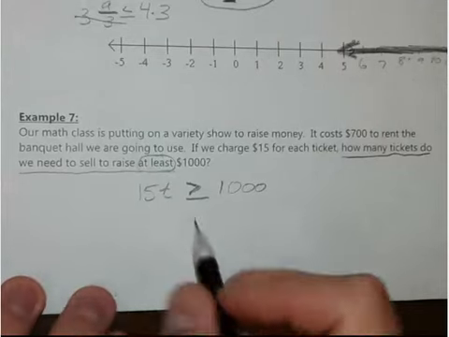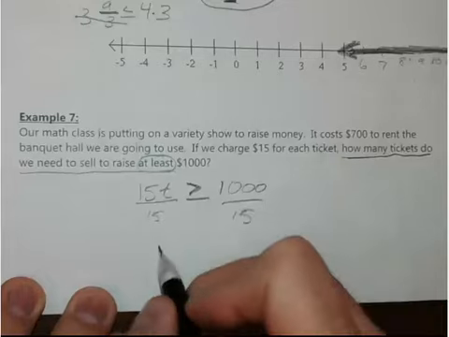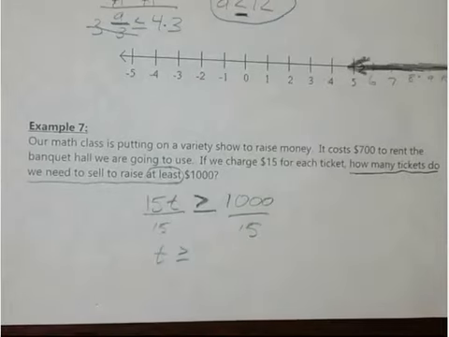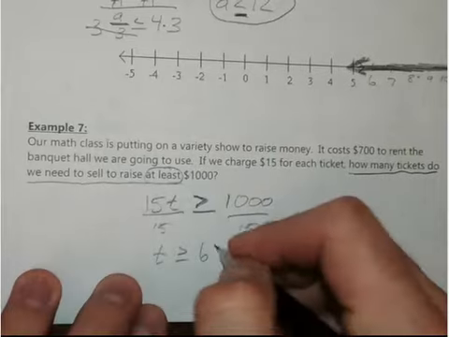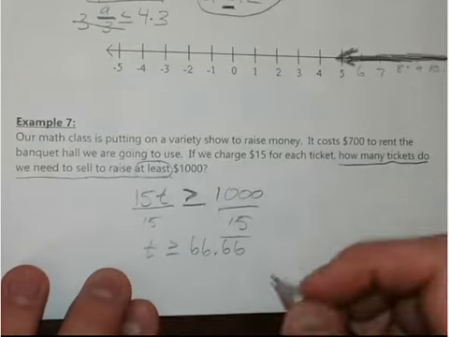This is 15 times t, so we're going to divide both sides by 15. So t is greater than or equal to 1,000 divided by 15. It's going to give us a decimal, 66.66 repeating, and that's tickets.